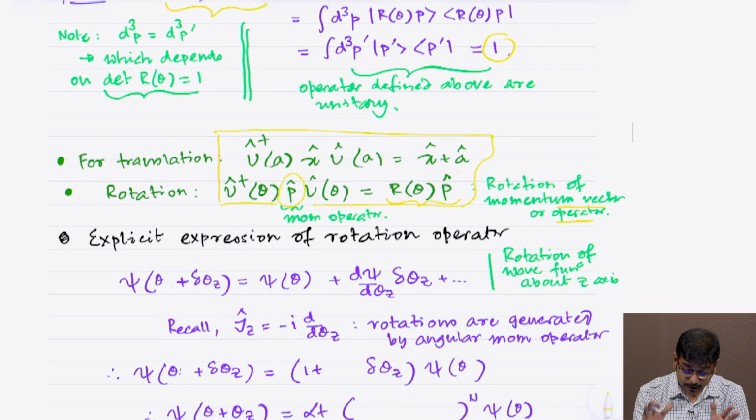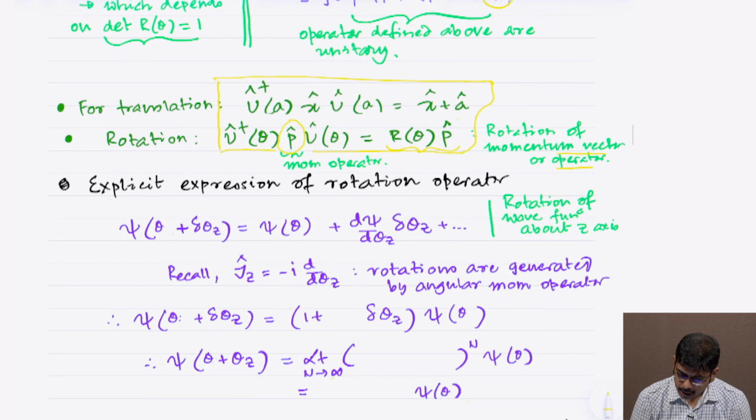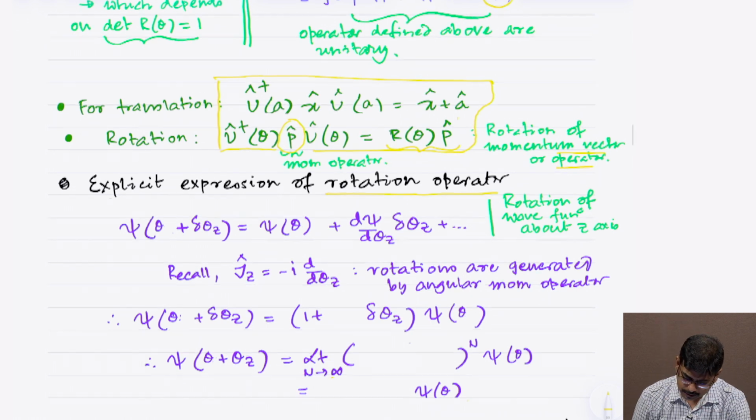This is what we envisage. This is something that I have not derived, but you can try deriving it. But now, with the help of the properties that we have defined, can we find the explicit form of the rotation operator by which you can actually rotate these states, which is another symmetry transformation?